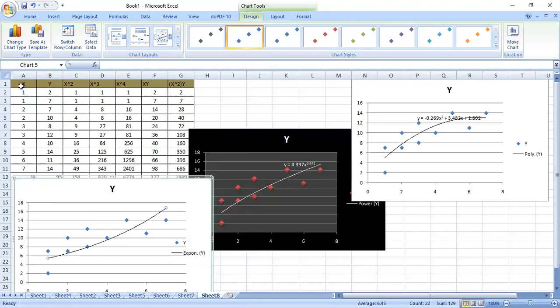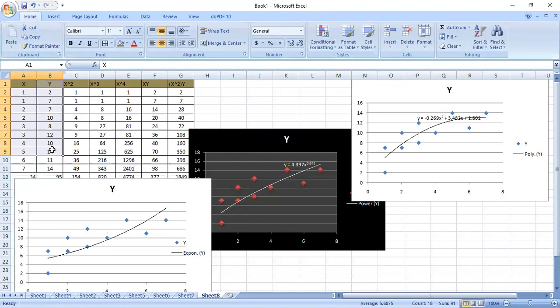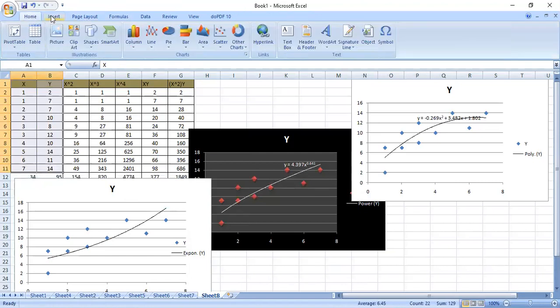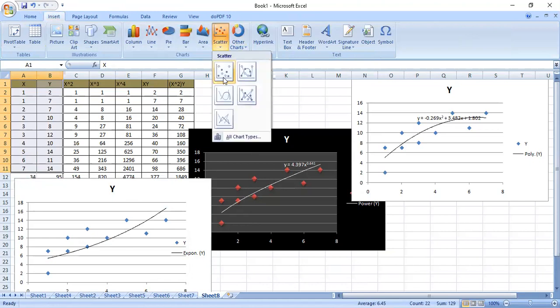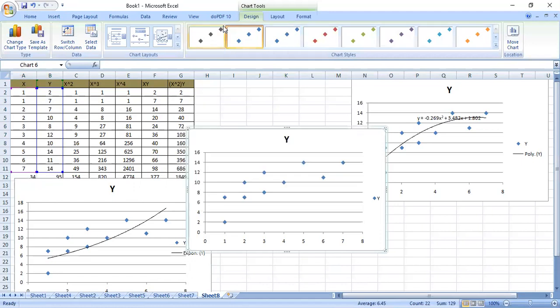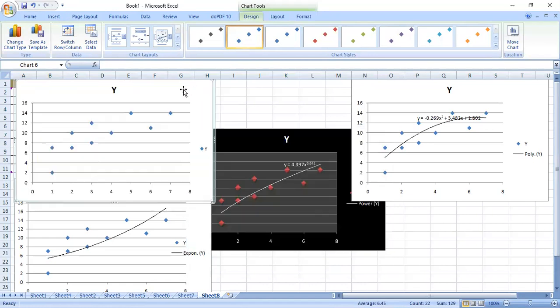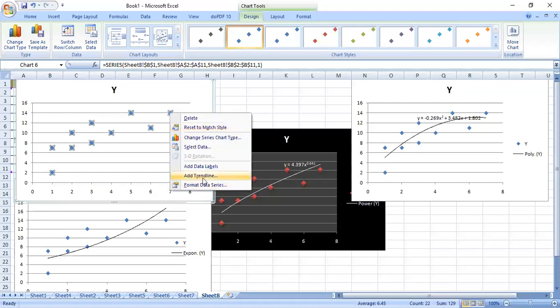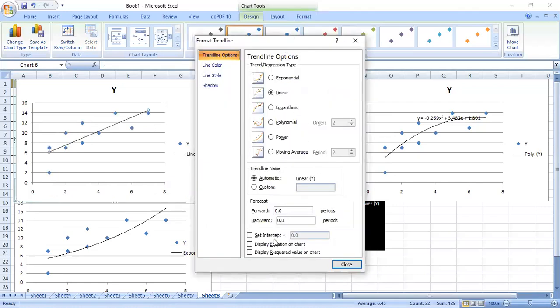And if you want to see the linearity between them, let us keep the linear figure in front of us.